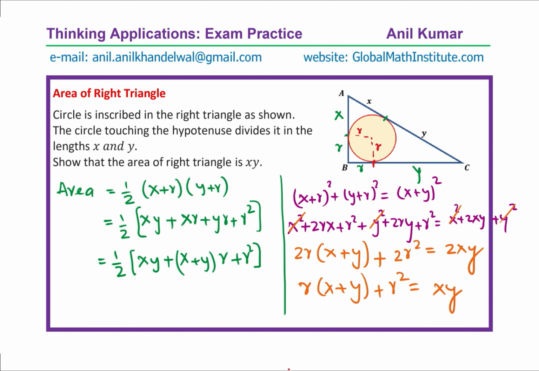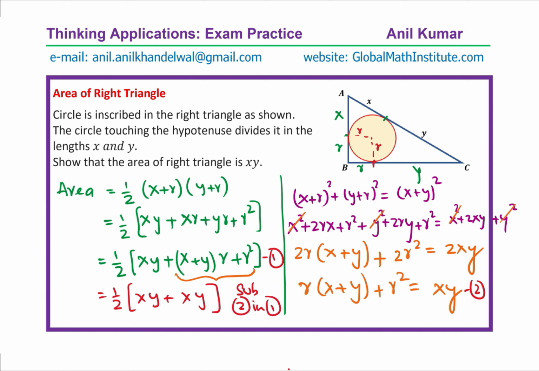So now we got an expression equivalent to r times x plus y plus r square, and that is xy. Substituting that, we get what? We get half of xy plus xy. Is that clear to you? Right? So let's call this equation 1, this equation 2, and we sub 2 in 1.